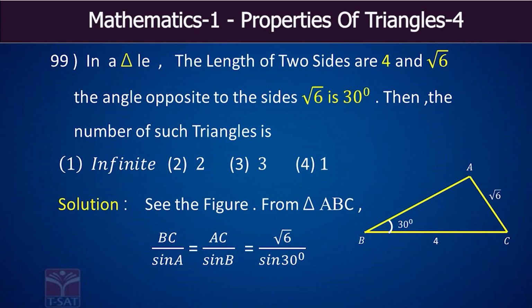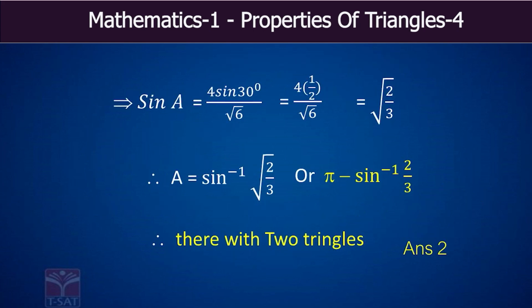In a triangle, the lengths of two sides are 4 and root 6. The angle opposite to the side root 6 is equal to 30 degrees. Then the number of such triangles is? See the figure. From triangle ABC, by the sine rule, BC/sin A = AC/sin B = root 6/sin 30.